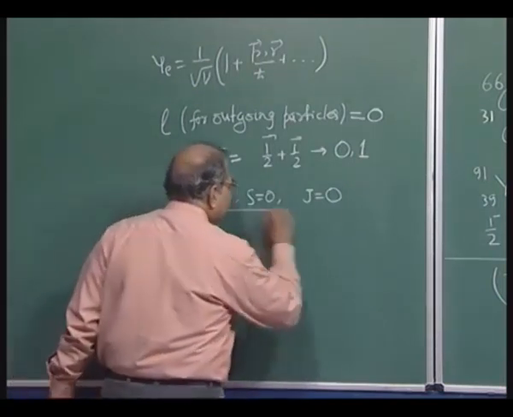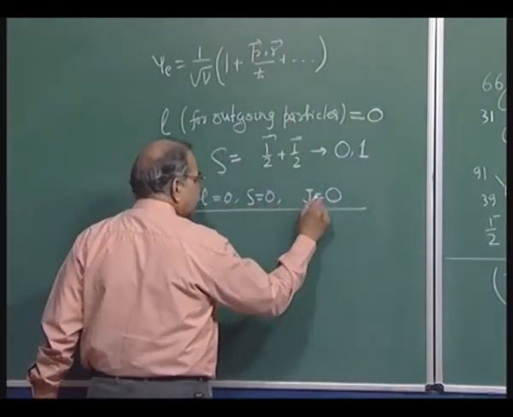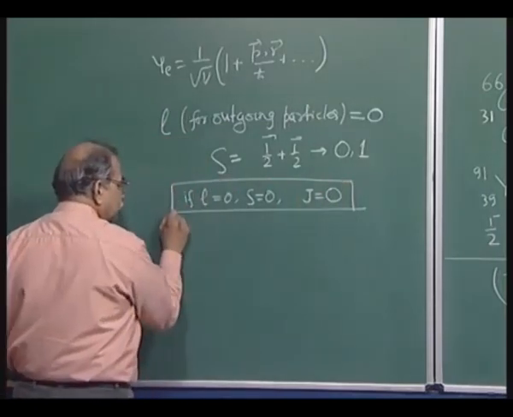So, there are two conditions you can do. One is L equal to 0, S equal to 0 and J equal to 0.